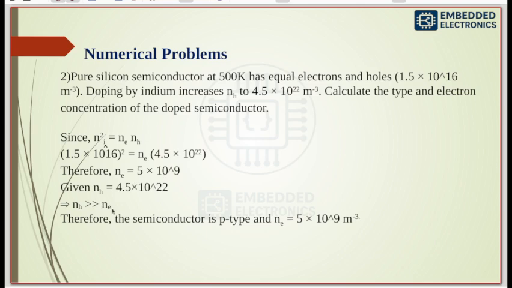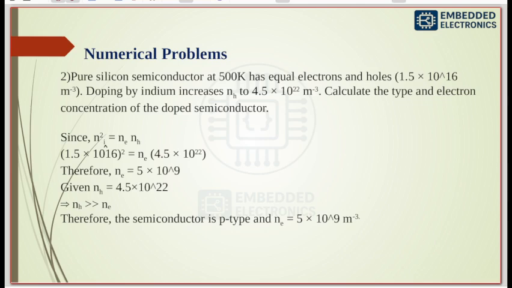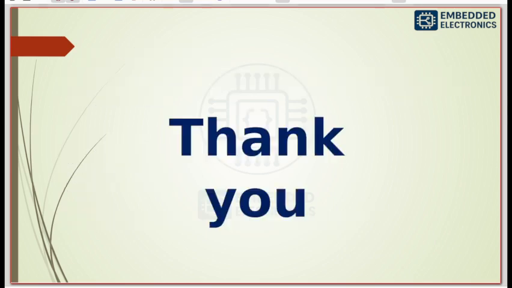Therefore NH is greater, meaning the majority charge carriers are holes. We know that majority charge carriers being holes means a p-type semiconductor. So this is a p-type semiconductor. The electron concentration is Ne, 5 into 10 to the power 9 per meter cube. So that's all about semiconductor physics and band theory.